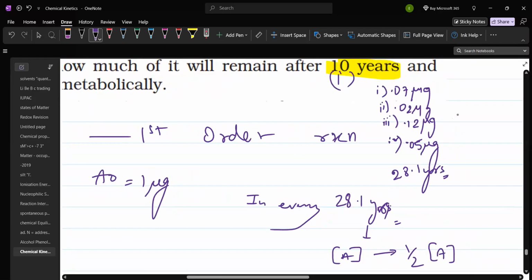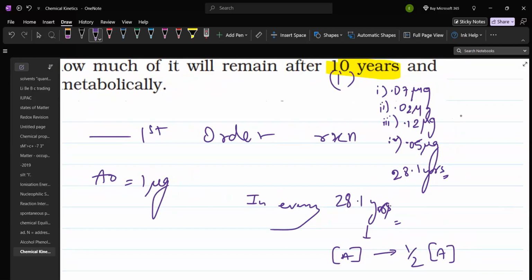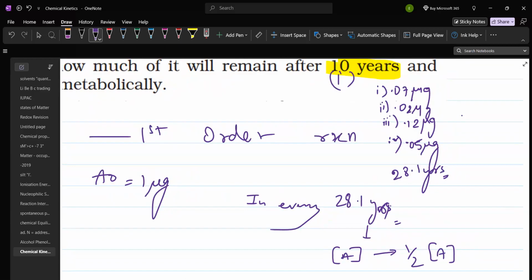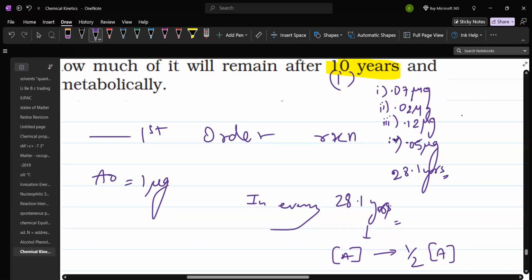The remaining concentration of the reactant. So 0.2 maybe. Option 1, 2, 3, 4. Option 2.